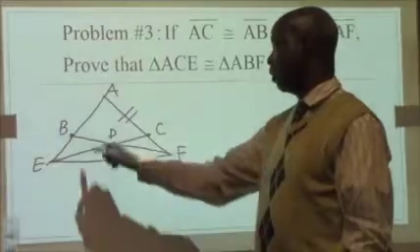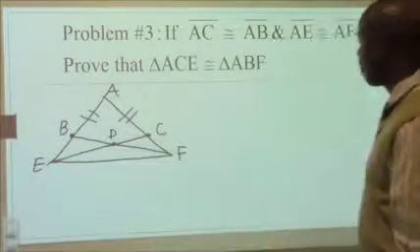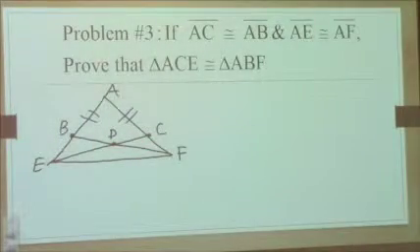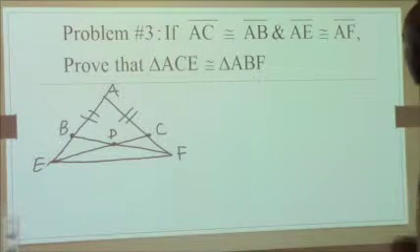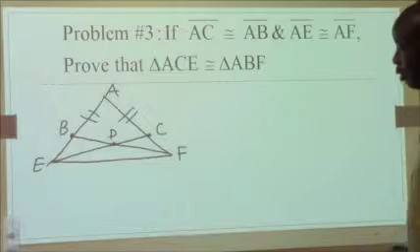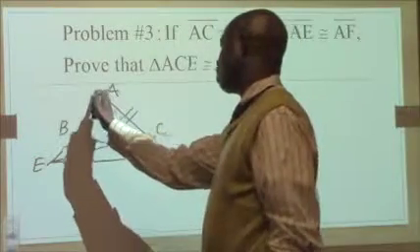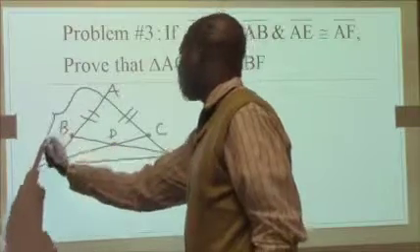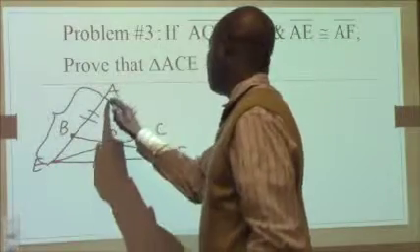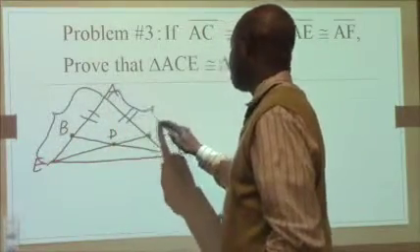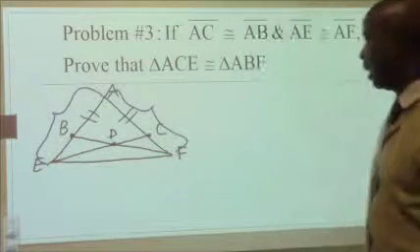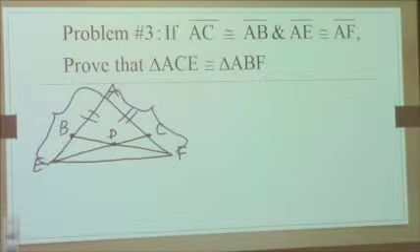And then I'm being told that AE is congruent to AF. That means this piece right here, AE, will be congruent to this piece, AF. So basically those two pieces are equal.